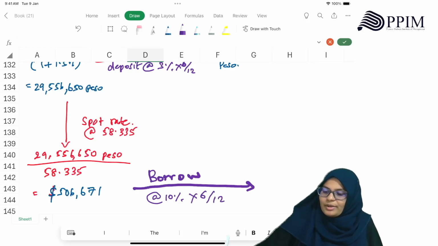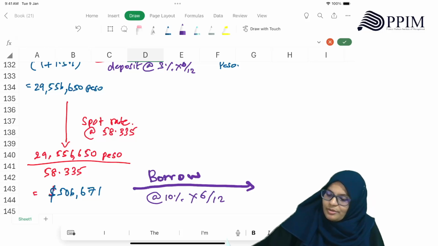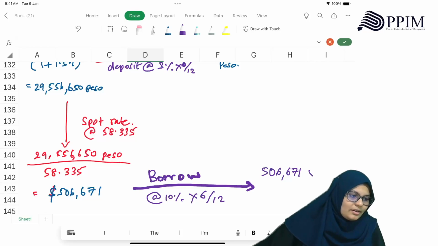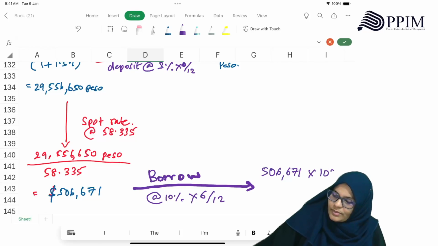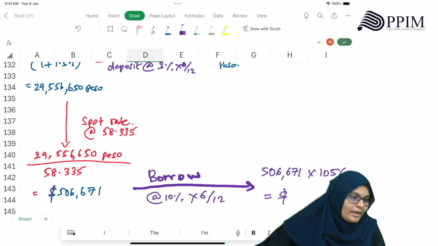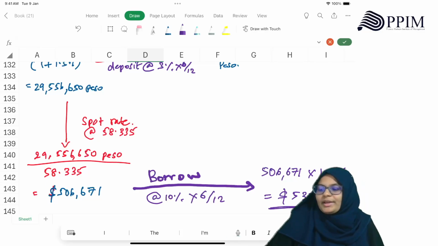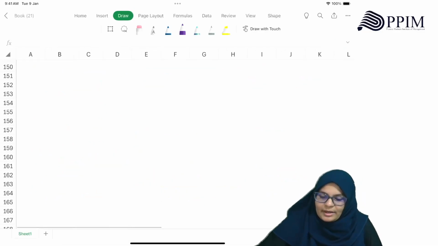So if you want to know exactly how much you would end up borrowing, it's going to be 506,671 into 105%. That is 100 plus 5%, because 10% has to be divided by 2. So ultimately you end up borrowing 532,005. So what happens if you do the money market hedge?